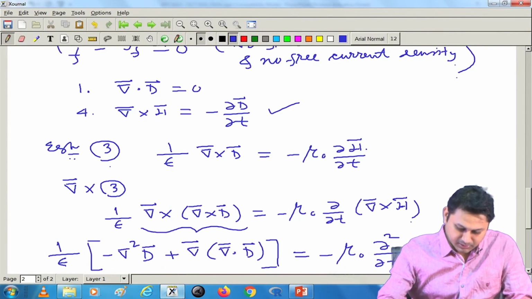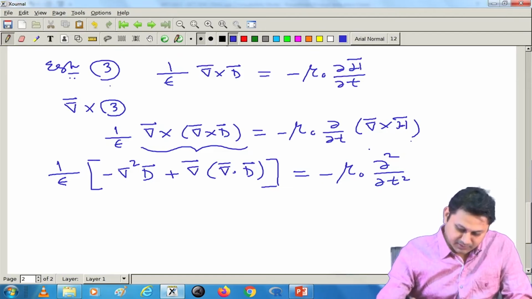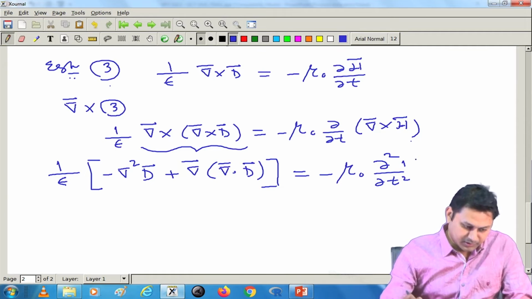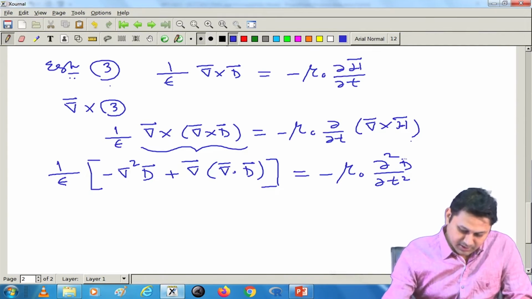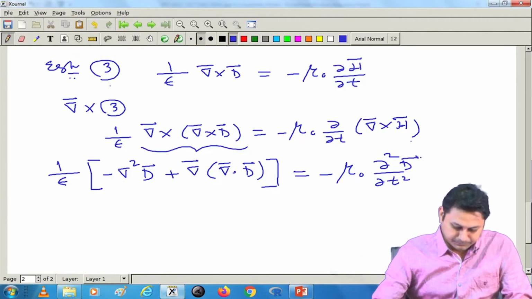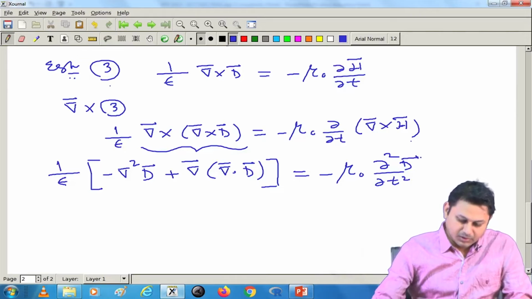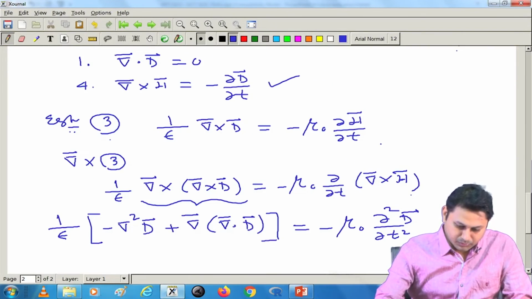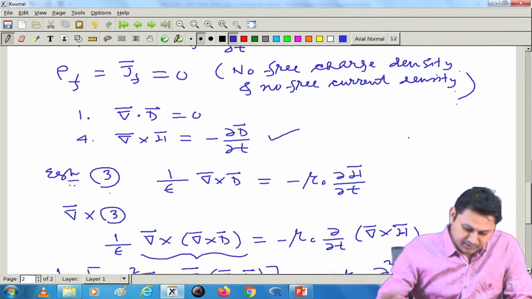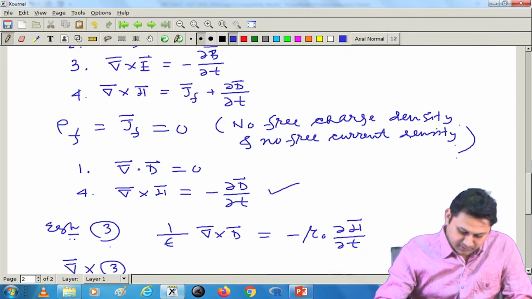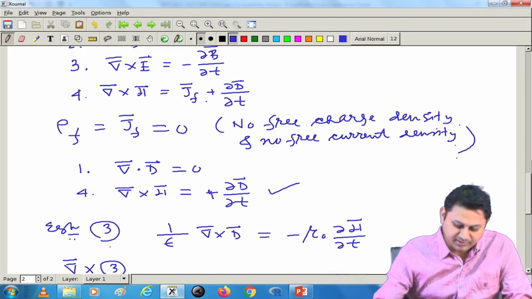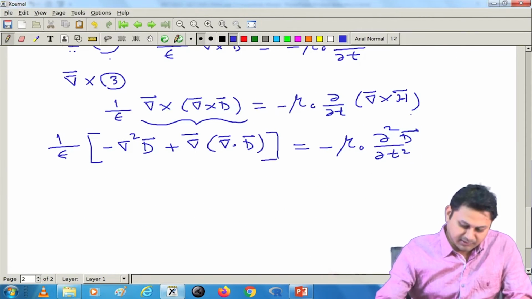Here this equation has a plus, so I made a mistake. This equation is plus because it is J plus these terms, so then this minus sign is there.